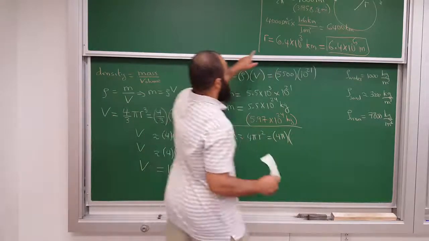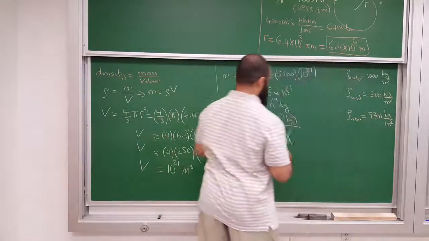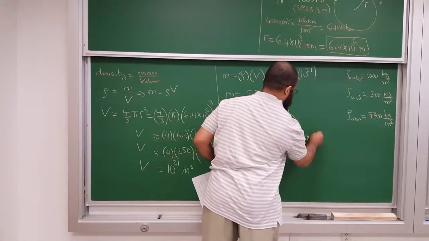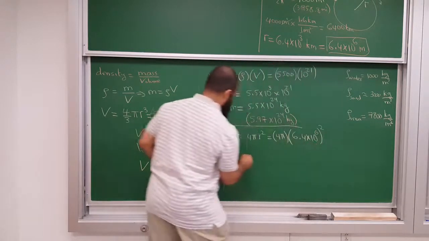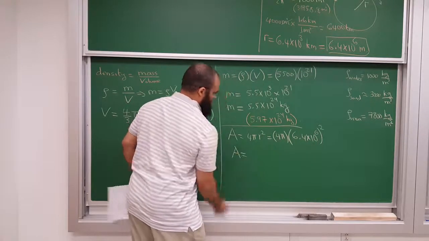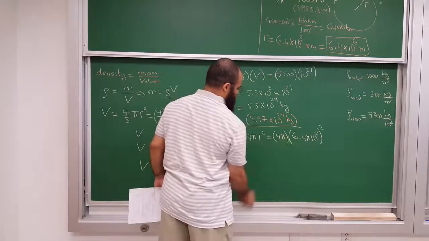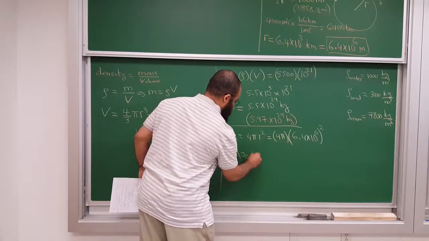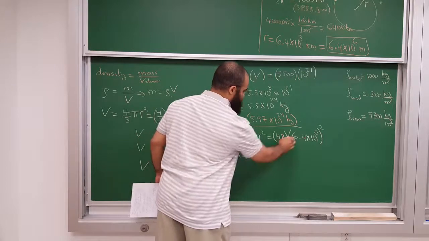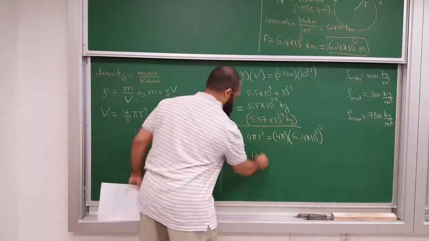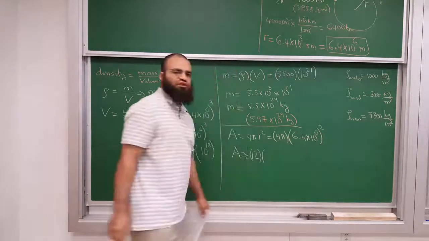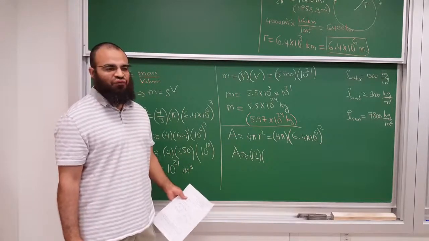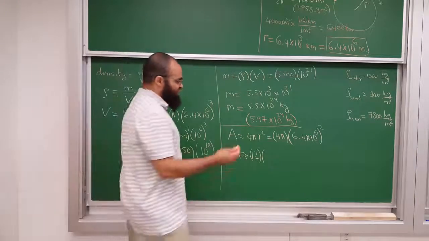But the radius of Earth is 6.4 times 10 to the 6th, and we have to square it. So the area will be 4 pi, that's approximately 12, and then 6.4 squared. 6 times 6 is 36, and 7 times 7 is 49, so I'm guessing about 40.